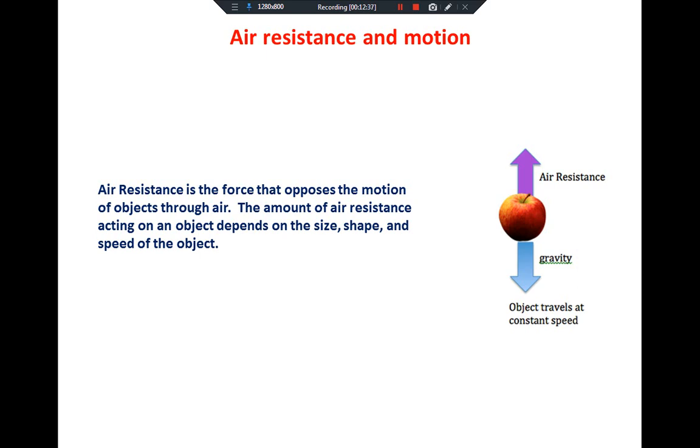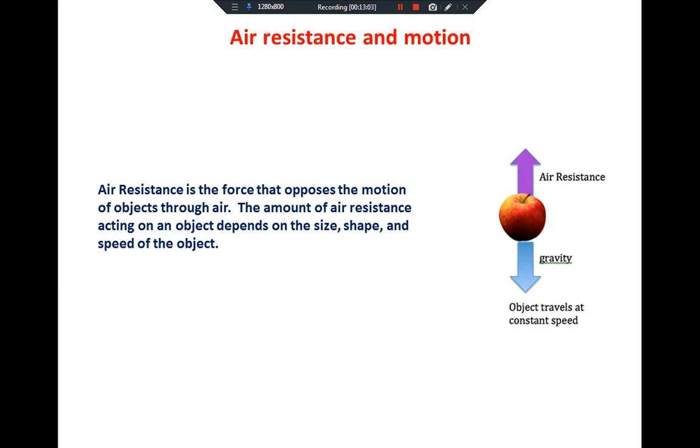cars can go faster and what are the reasons that help the car to go faster and to have less air resistance on it. Of course, it's because of the size and shape. These 2 reasons, like the size and the shape of the car or of the moving object, will definitely affect the car's speed, okay?